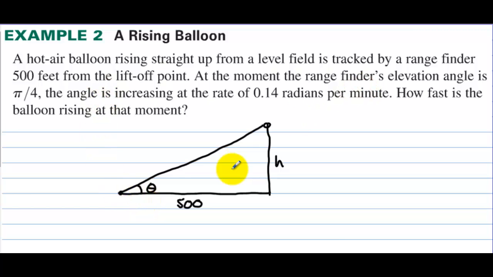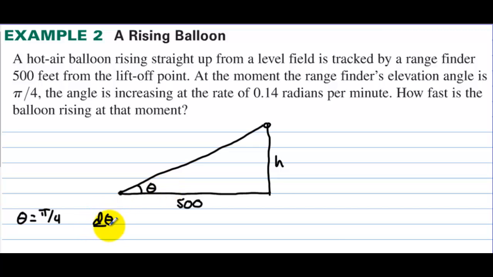Now let's get some information. We know that the distance is 500, and it says at the moment the rangefinder's elevation angle is pi over 4. So we know that theta is pi over 4, but that angle is changing as the balloon is rising. The angle is increasing at a rate of 0.14 radians per minute.